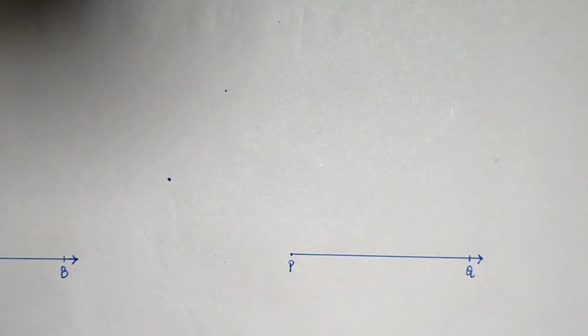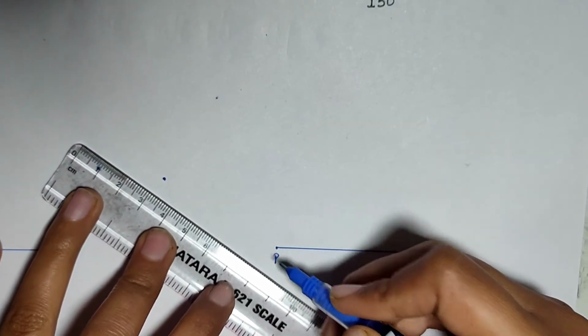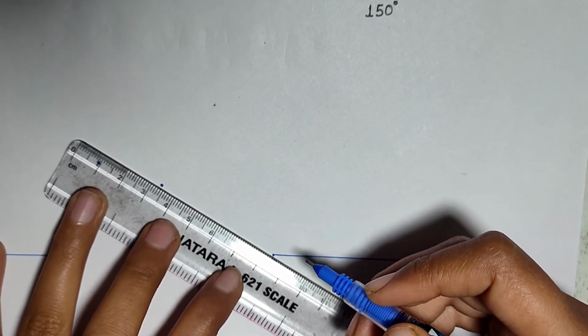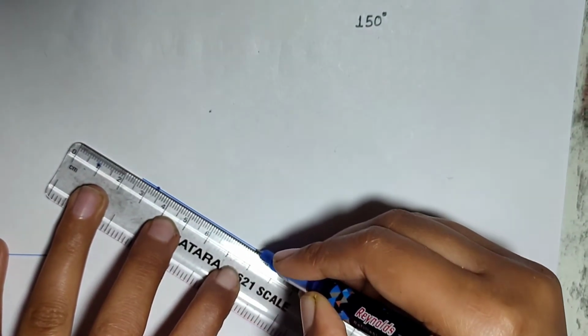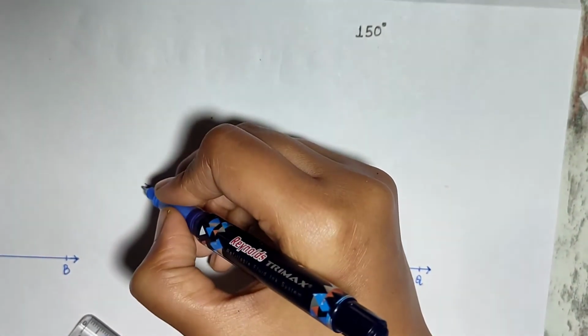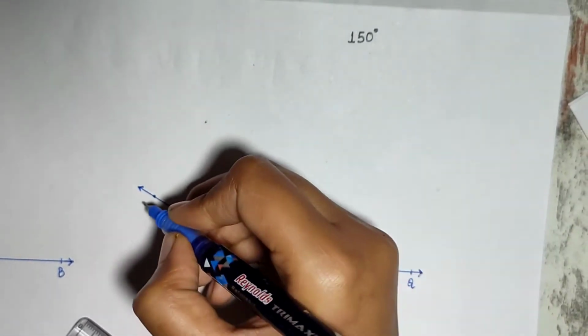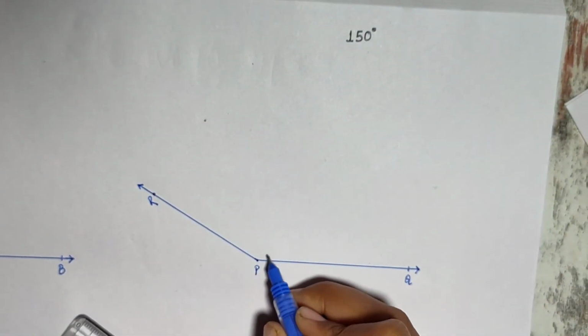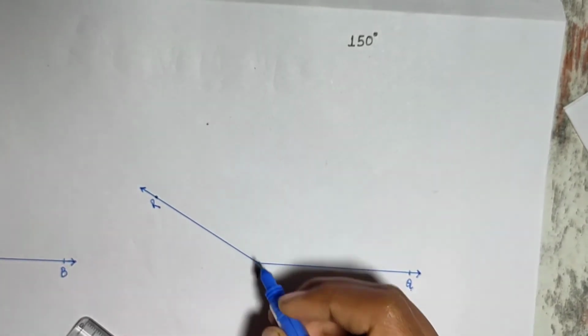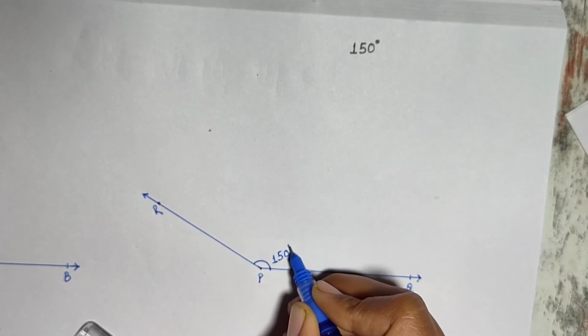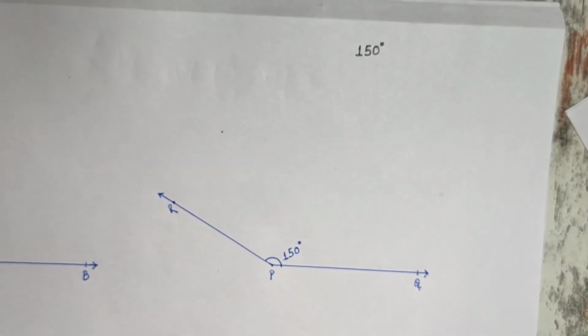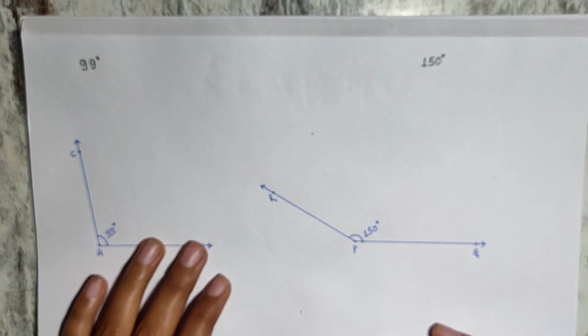Now join this point and point P. Name this point as R. So here we have angle QPR of 150 degrees. In this way we draw angles of various measures.